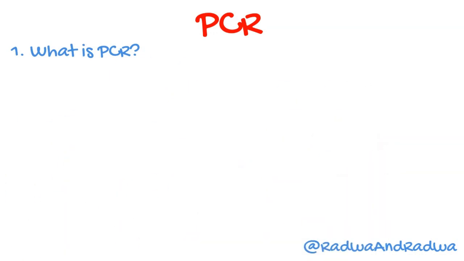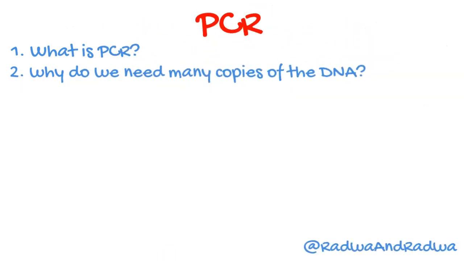So why would we be interested in generating millions of copies of that stretch of DNA? Yeah, so usually the sample that we obtain has a small quantity of cells, and inside these cells we have the DNA. So if you remember when we spoke in our episode about DNA, we said that it is found inside the nucleus of a cell.